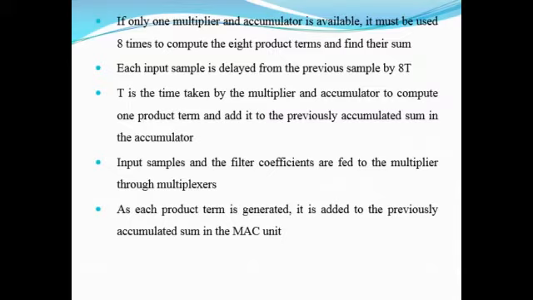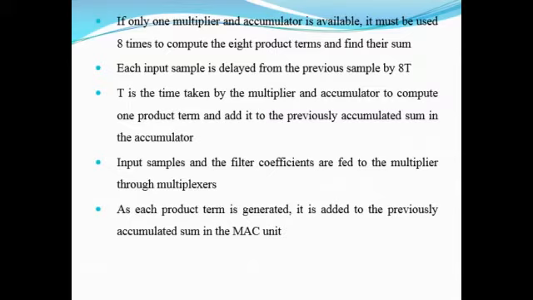It is a MAC unit which performs multiplication and addition, and once it performs multiplication, the product term should be added to the term which is in the accumulator, and after performing addition with the product term, the result is stored in the accumulator. So that is the accumulated sum. Then input samples and the filter coefficients need to be fed to the multiplier through a multiplexer.